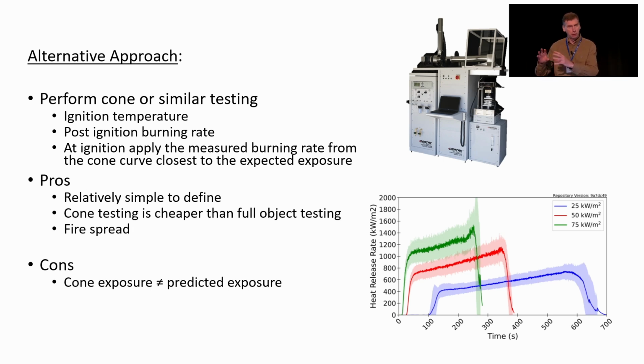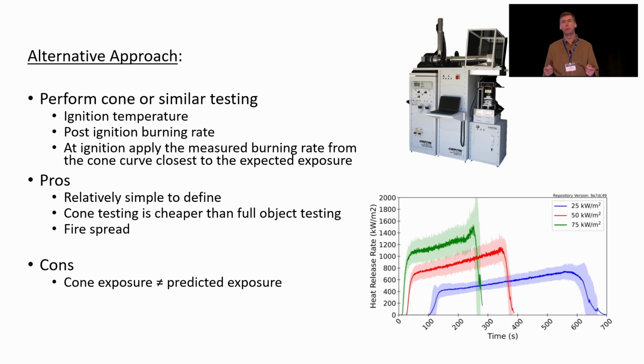You then can put that into the model, and you say when that object reaches that ignition temperature, and so you have to set some sort of ignition temperature, then the burning is going to follow what you measured in the cone calorimeter.